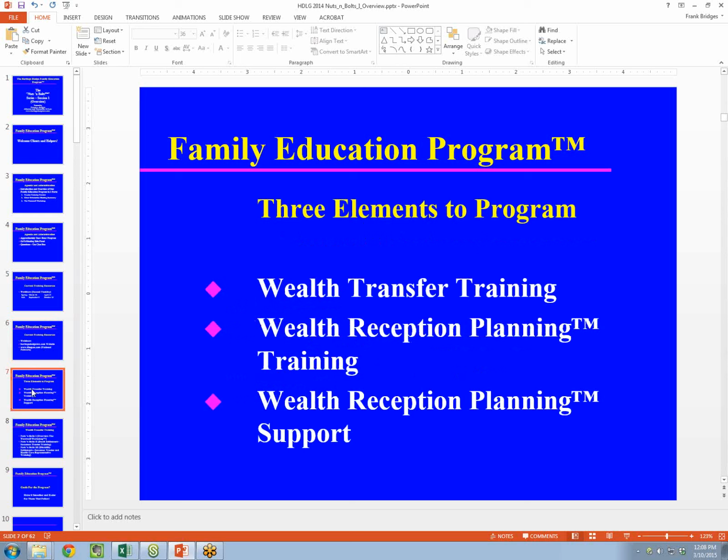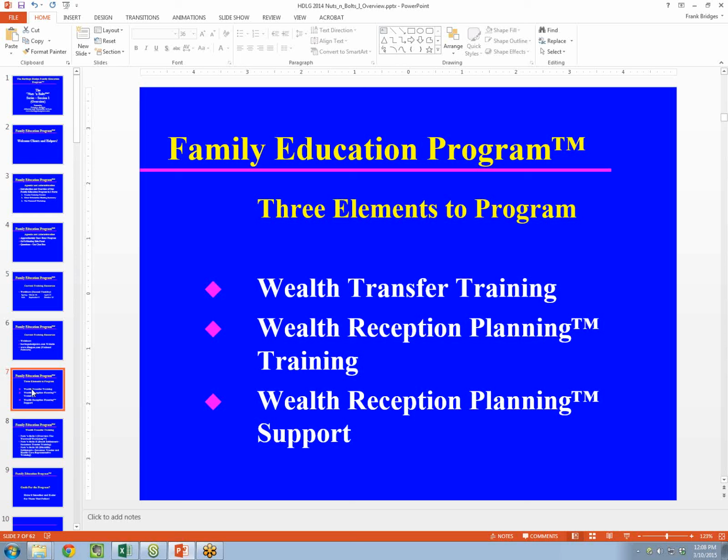So there are really three elements to the program. There's wealth transfer training, which involves the training about estate settlement for what happens when people die, and also settlement for when people become disabled. There are a couple of other parts that we'll be talking a little bit about called wealth reception planning.